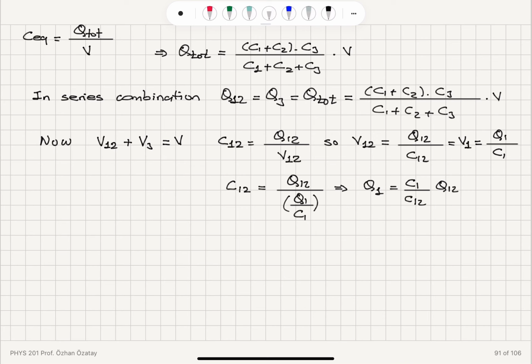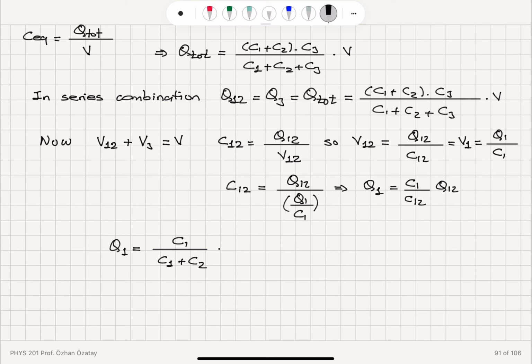You can see that C12 is C1 Q12 divided by Q1. Therefore, Q1 is C1 Q12 divided by C12. So the charge stored on the first capacitor, Q1, is C1 divided by C12, which is the sum of the capacitances C1 plus C2, multiplied by Q12, which is the total charge that we have calculated.